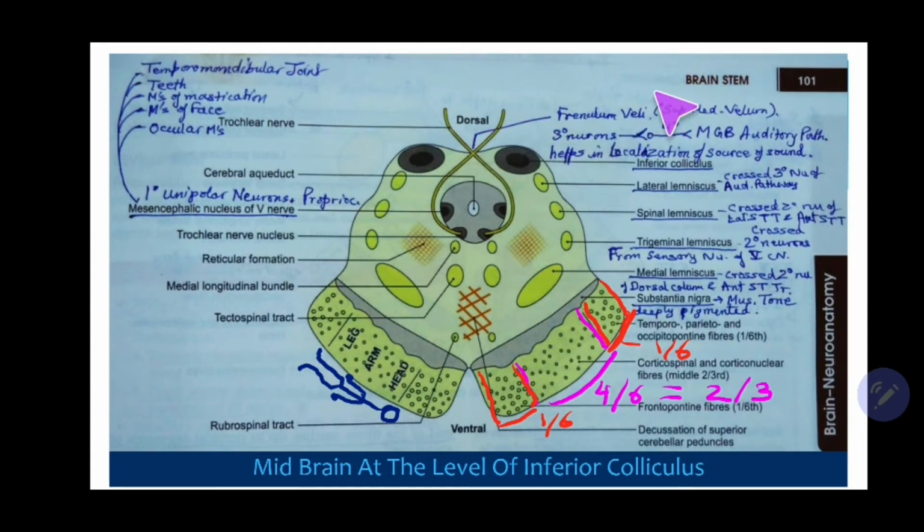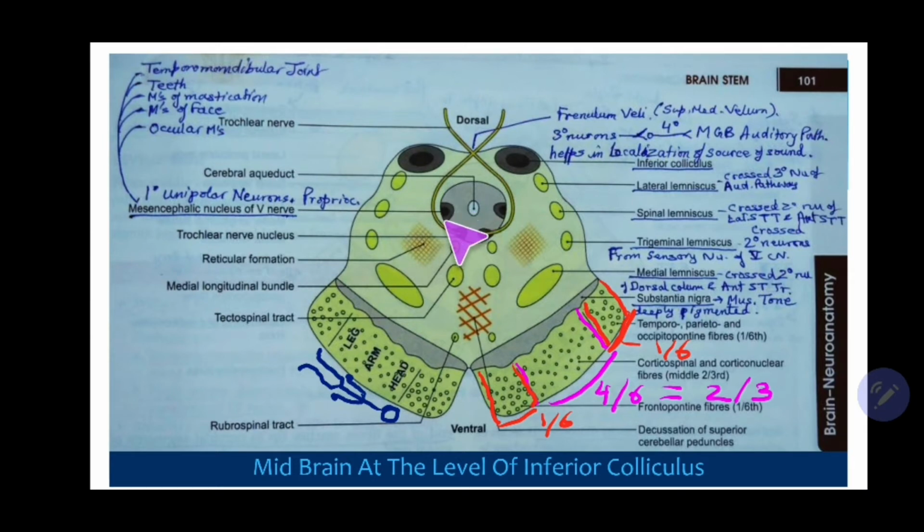On the dorsal side, there is a portion of the superior medullary velum called the frenulum veli. The two nerves emerge on either side of the frenulum veli, and then they wind along the cerebral peduncles to emerge lateral to the crus cerebri on the ventral aspect of the brain.